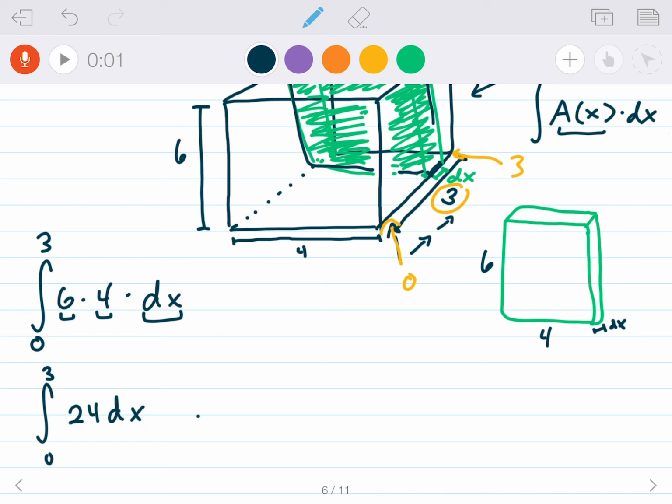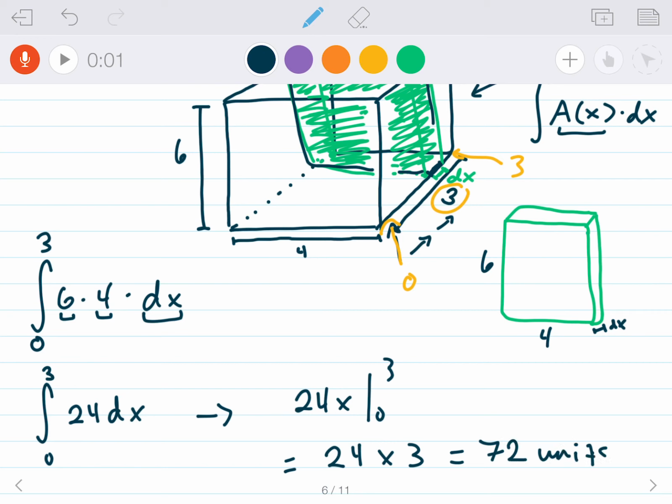Let's go ahead and integrate this guy. Well, this is simply going to be 24x from 0 to 3, which is going to give us 24 times 3, which is 72 units cubed. Okay. So that is how we found the volume with calculus.